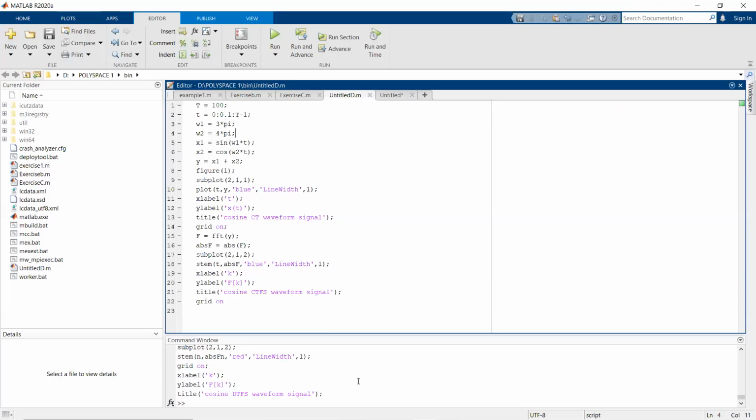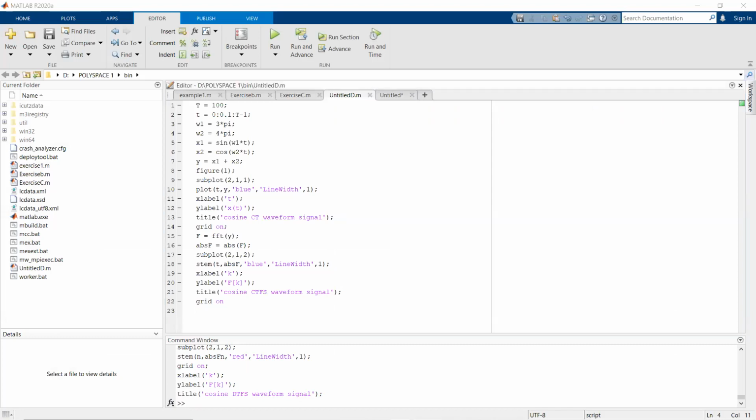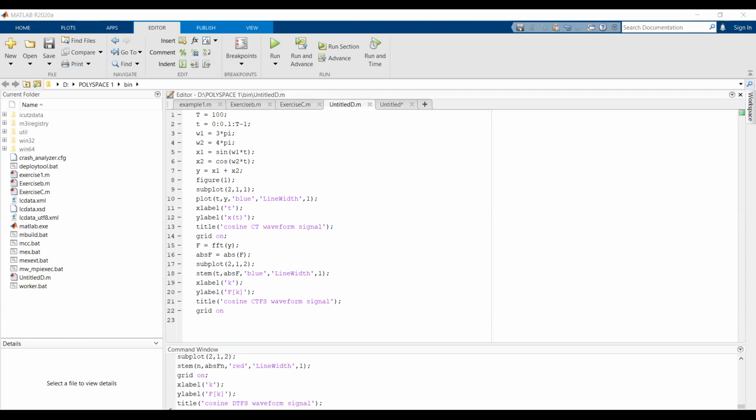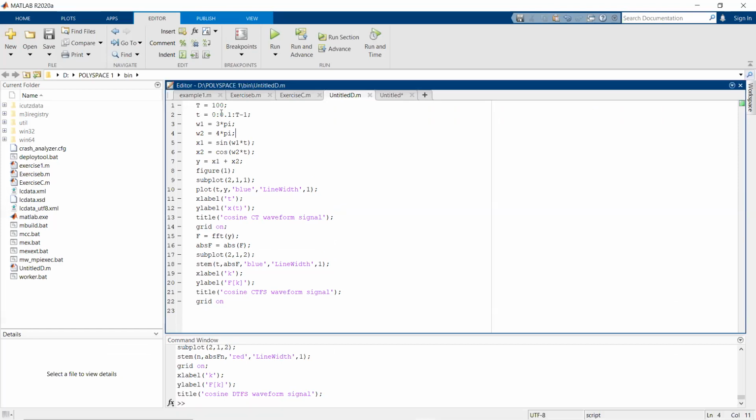For the next question, same thing, N equal to 100. It asks us to find the DTFS waveform signal, where t goes from 0 to 0.1 and t minus 1.